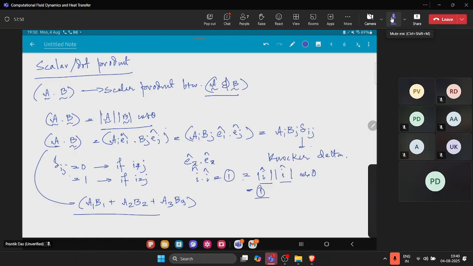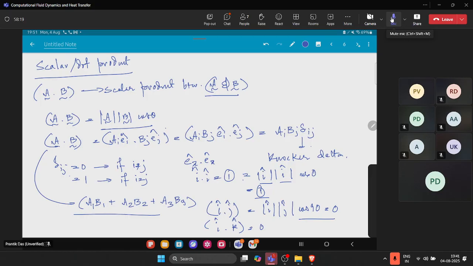But if you are multiplying two orthogonal vectors, like i cap dot j cap, then it becomes magnitude of i, magnitude of j, and cos of 90, which becomes 0. Even if I do i cap with k cap, the dot product will be 0, since they are orthogonal in nature.